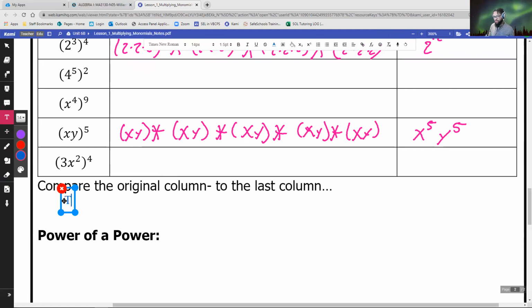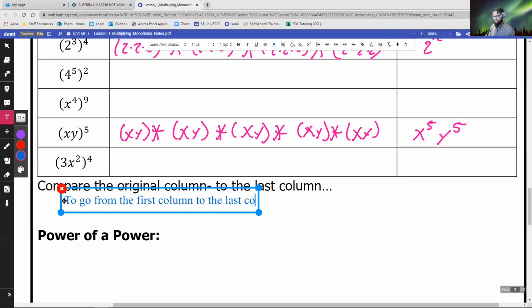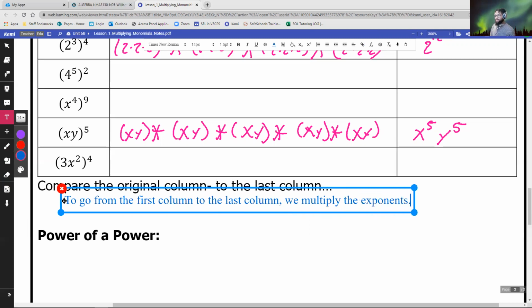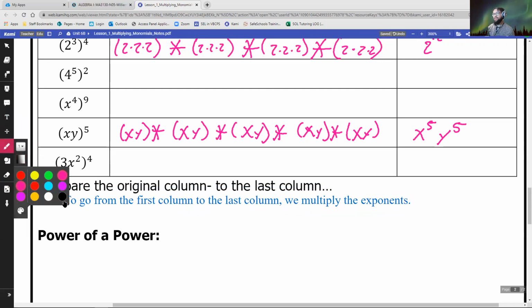So to go from the first column to the last column, we multiplied the exponents. All right. And that's the important part with this one. Let's underline that in the same purple color. So when we have an exponent raised to a power, we multiply them.